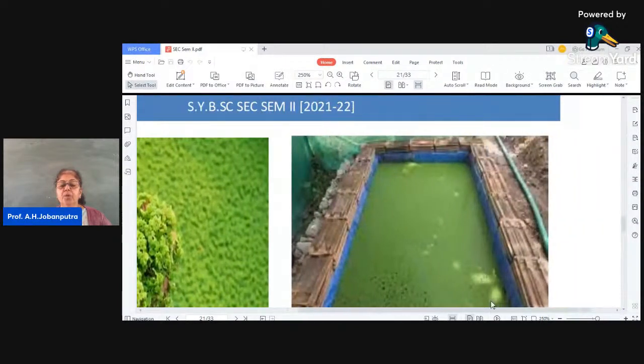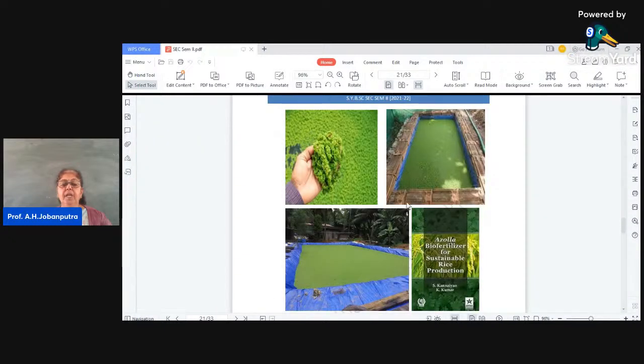So this is an Azolla pond where the whole pond is covered with a green mat of Azolla, and this mat will be harvested as and when required. So this is how it looks. This is the pond. Azolla biofertilizer is very, very good for rice production.